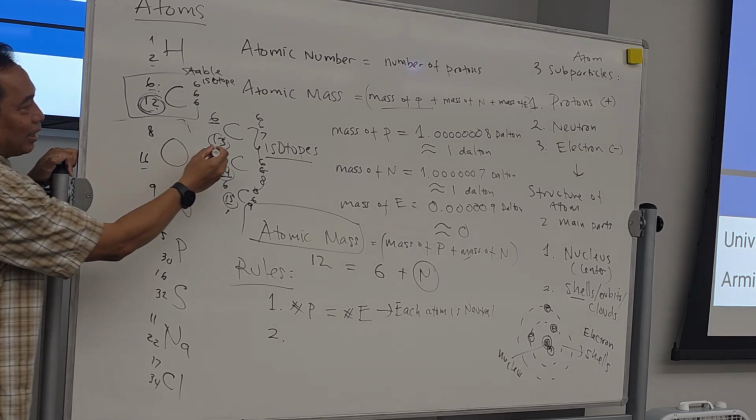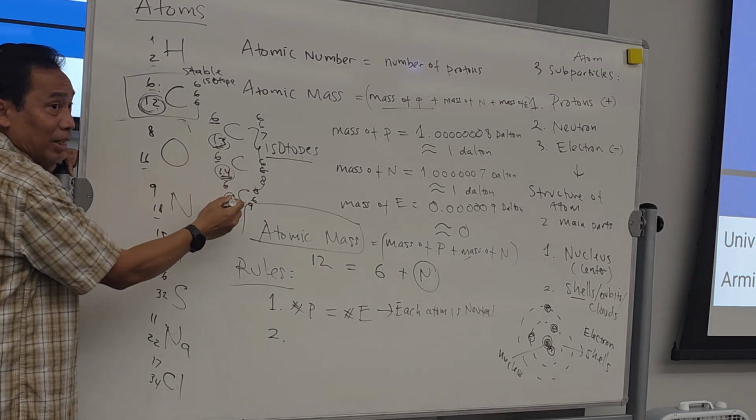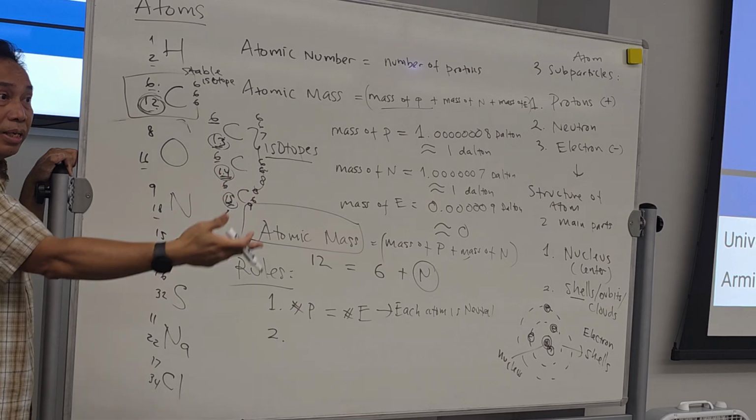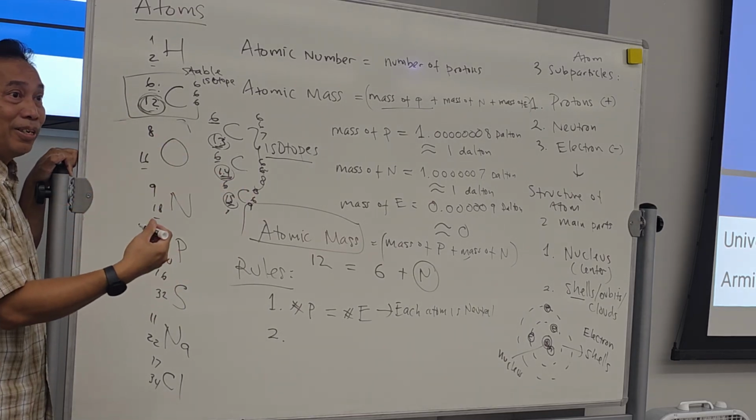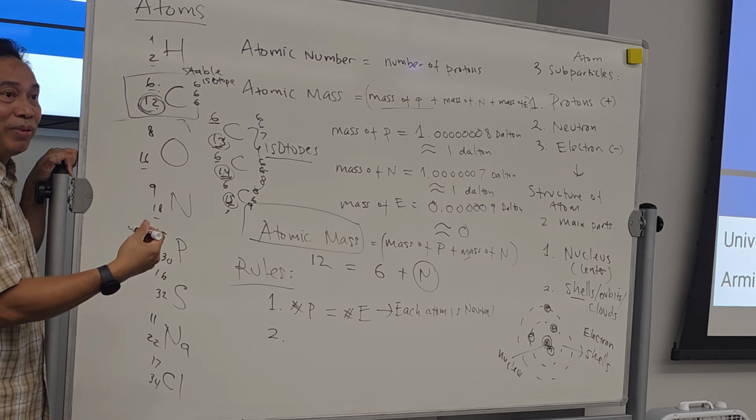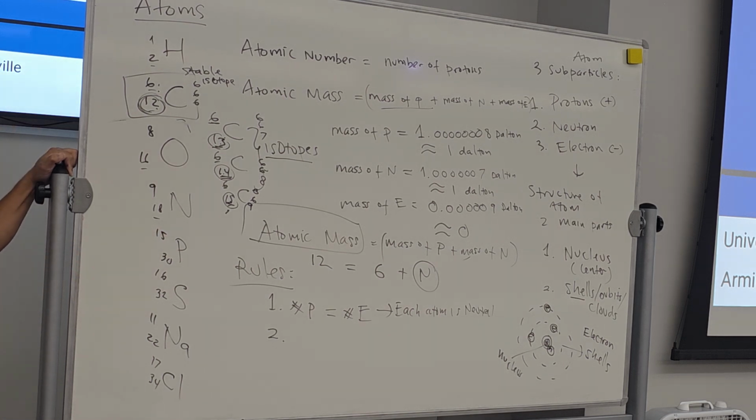The one that has a different number of neutrons over here, and therefore gives a different atomic mass, is called, anybody know? What is it called? It's very dangerous sometimes. It can cause cancer. Radioactive, right?